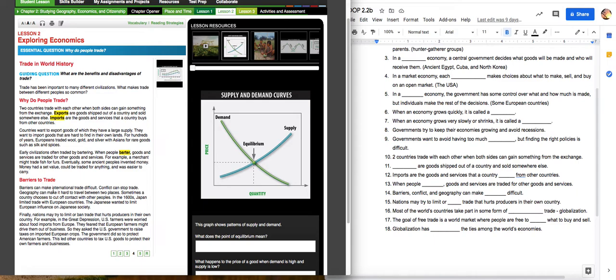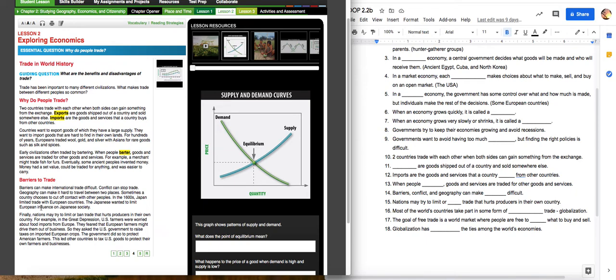It says, barriers can make international trade difficult. Conflict can stop trade. Geography can make it hard to travel between two places. Sometimes a country chooses to cut off contact with other people. Okay, so you just got number 14. Barriers, conflict, and geography all make trade difficult. In the 1600s, Japan limited trade with European countries.